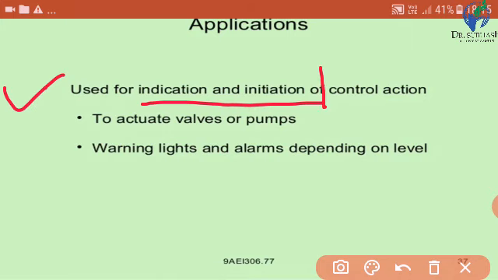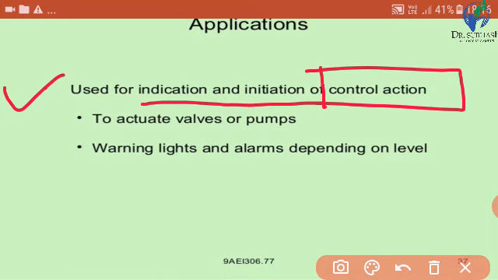So in this case it is also used for control action, because if the tank is full then we have to turn off the pump. So signal is given to the pump and pump will be turned off. So this is known as a control action.